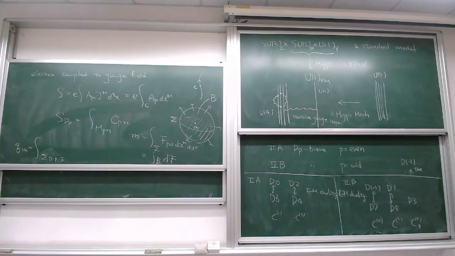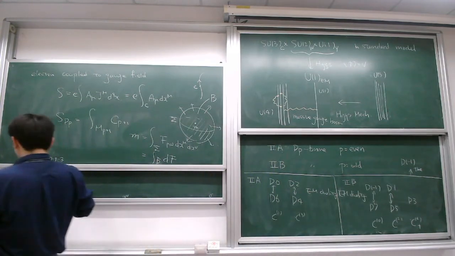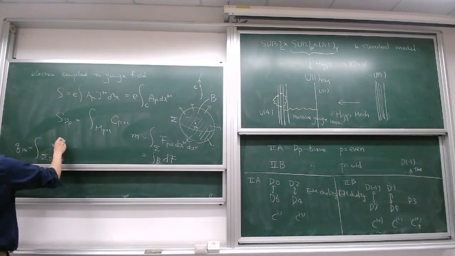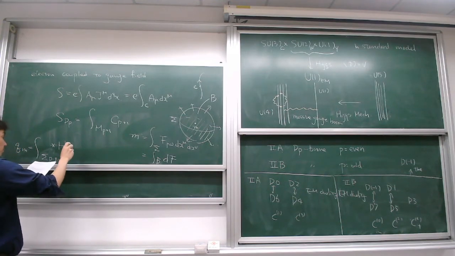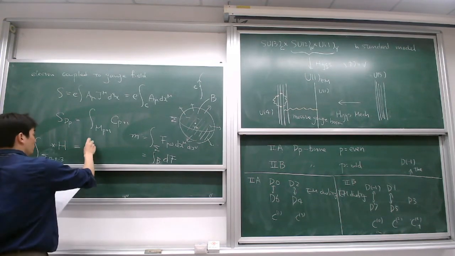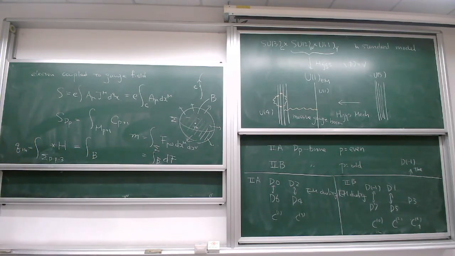Let's do the same thing. So Dp brane, H p plus 2, and then star H. It should be star H. You can just flux the star H, and this can be understood as the sum of the ball. Seems like I made a mistake. Why is that? Okay, I see, I understand.